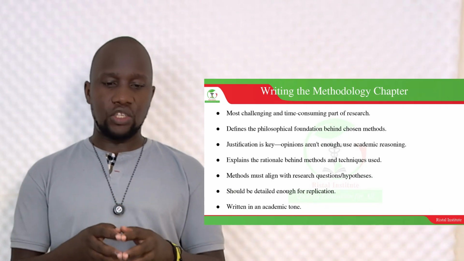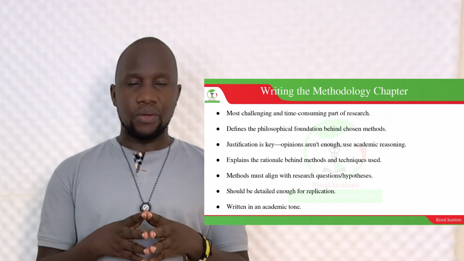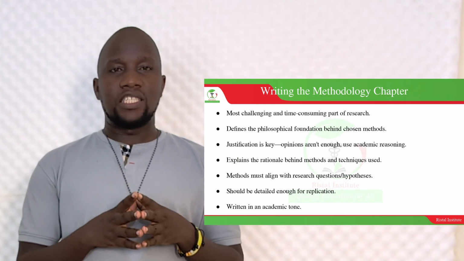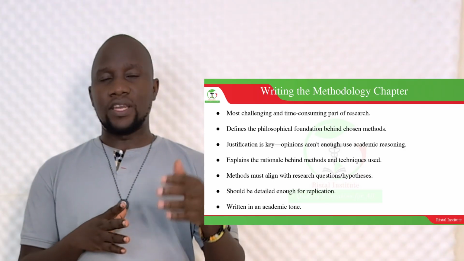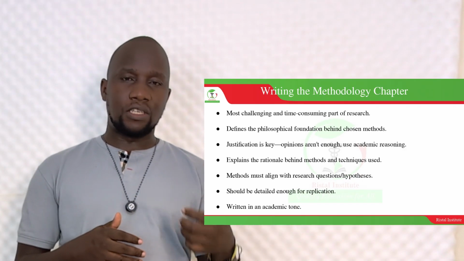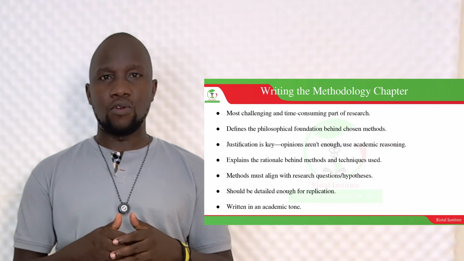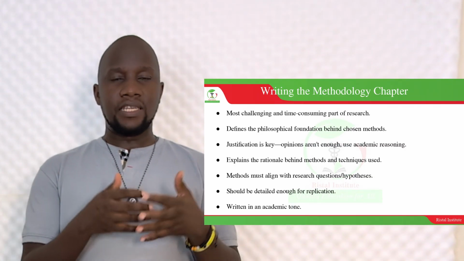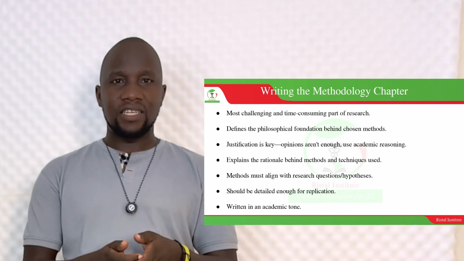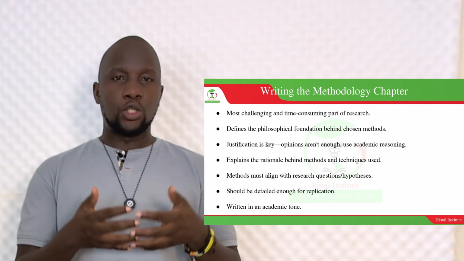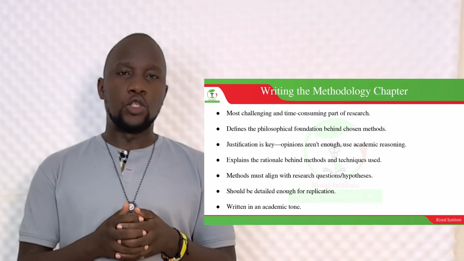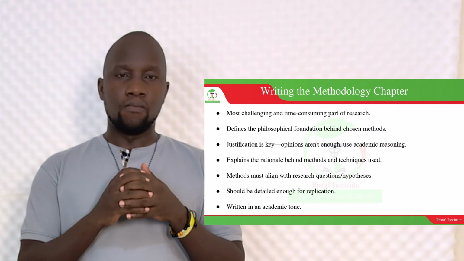Justification for everything that you're doing is very, very important. You don't just throw in different techniques or different strategies that you're going to use for your research. These strategies, techniques, or even tools or methods, whatever you can call them, should fit well into your whole research project.